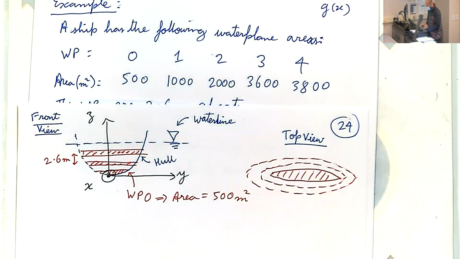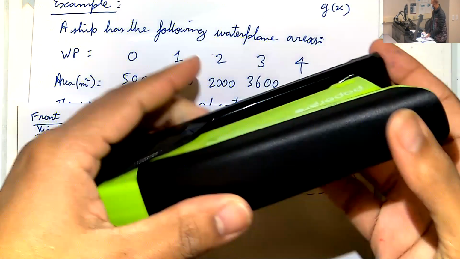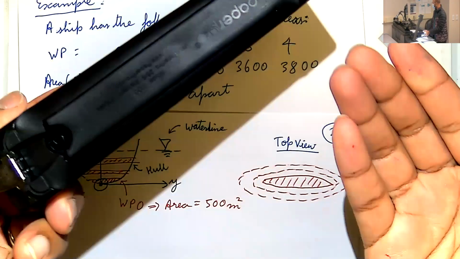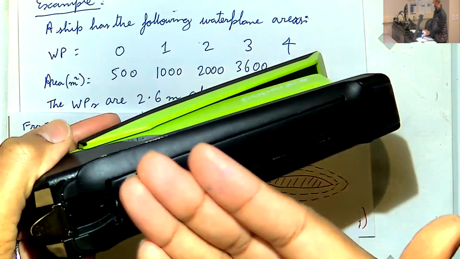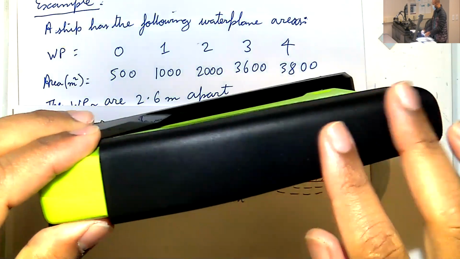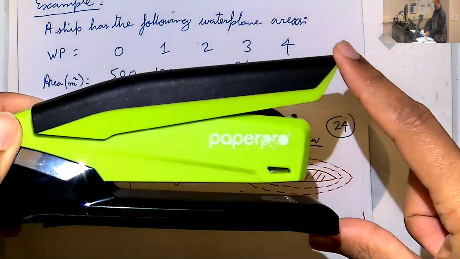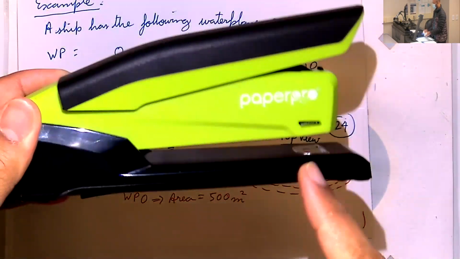Let's again look at this stapler. If I give you the area of the bottom and the area of the top, and I say the distance between these two is 5 centimeters, give me the volume of the whole thing.